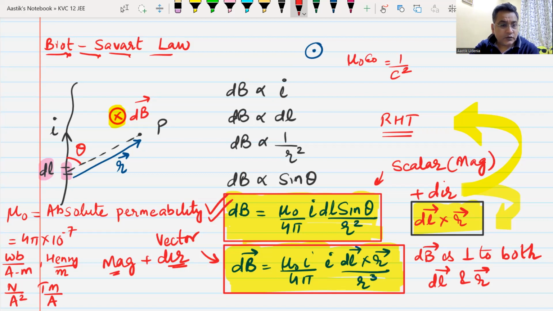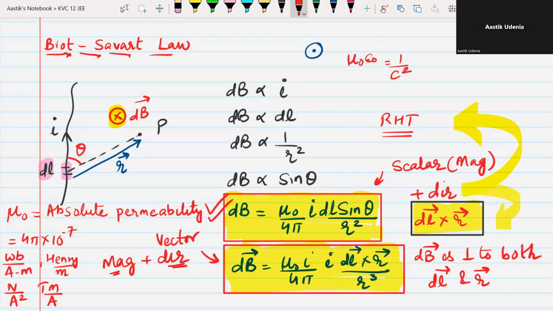Now what we have to do is, obviously the wire that we are going to get will not be a very small element. It would be a long wire carrying current.